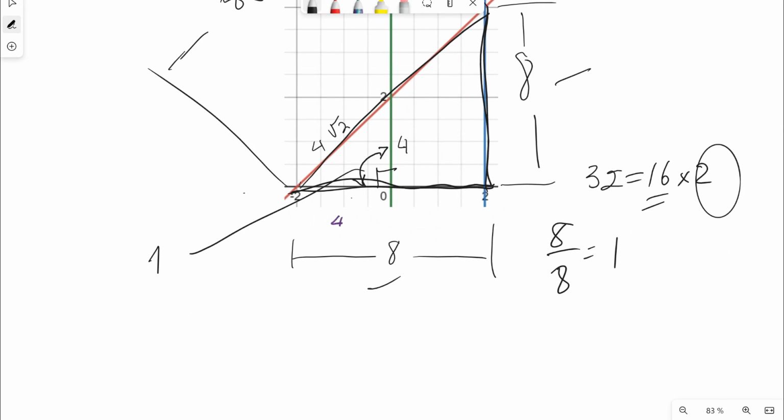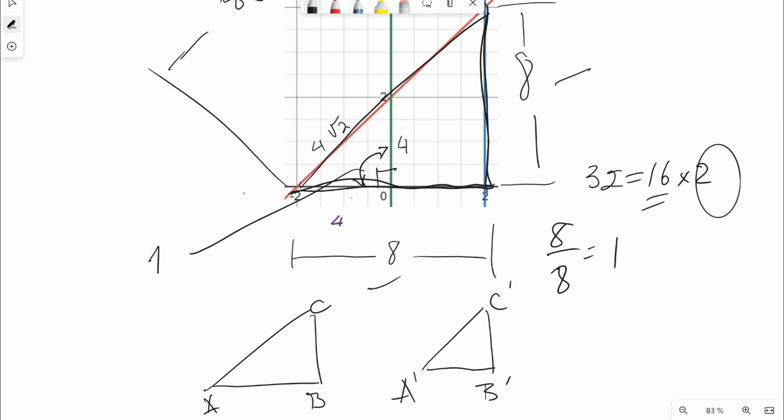It means that if you have two similar triangles, like this and that, you don't require a right angle, like here. But anyway, A, B, C, and A prime, B prime, C prime. If you divide AC by AB, you don't know the number, but be sure that it is equal to A prime C prime divided by A prime B prime.